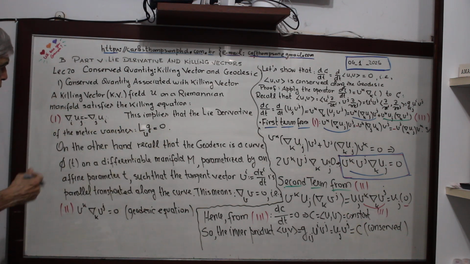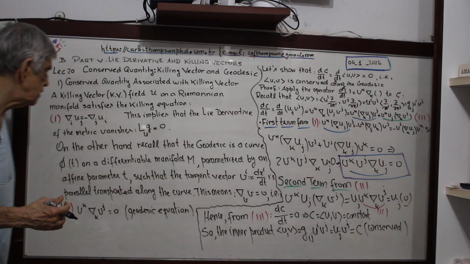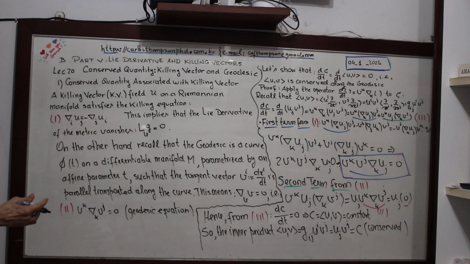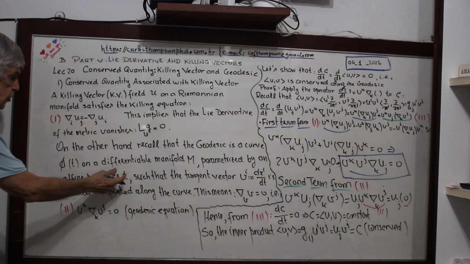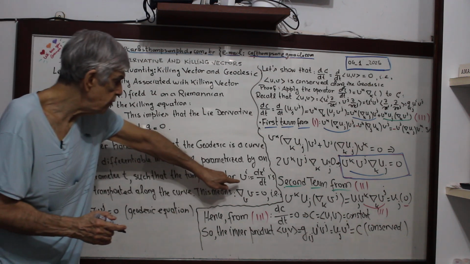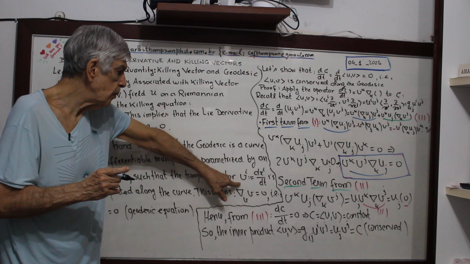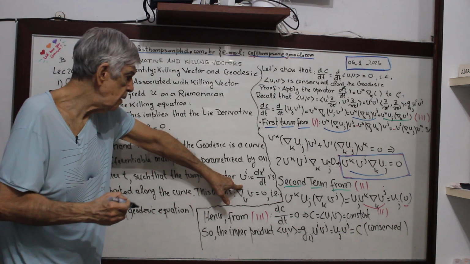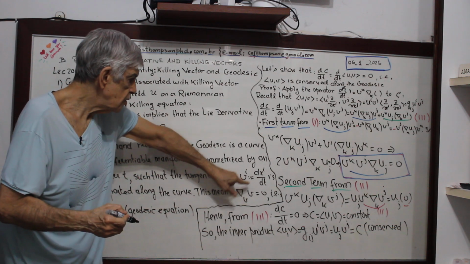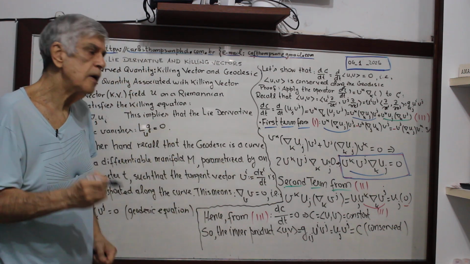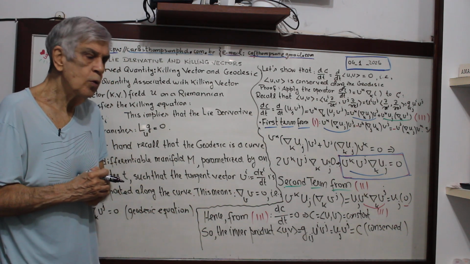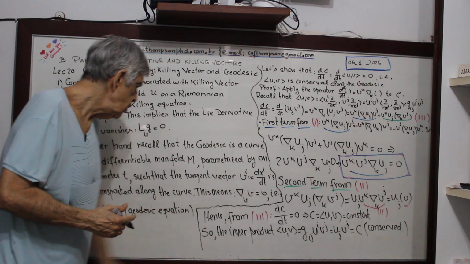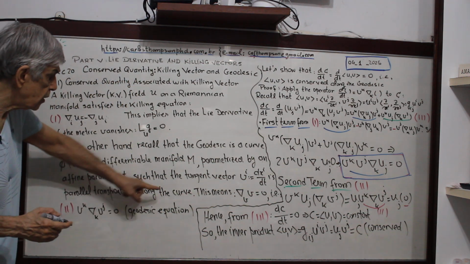On the other hand, recall that a geodesic is a curve phi of t on a differentiable manifold M, parameterized by the affine parameter t, such that the tangent vector V, with components Vi equal to dxi over dt, where xi is a coordinate belonging to a chart at a given point P on the manifold, is parallel transported along the curve.